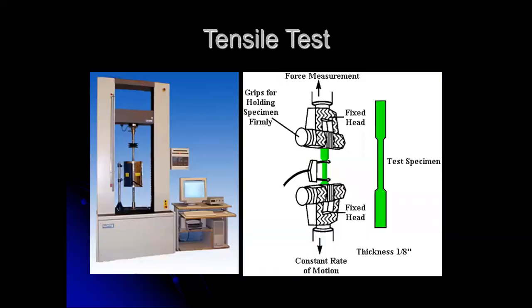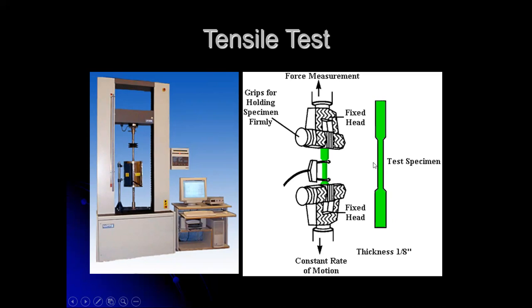So here's a picture of the setup. We've got on the left the load frame, and today, of course, we do everything by computer. We measure the stress and we measure the strain by computer. On the right is a little bit of a close-up of the test specimen and this little clip-on device right here that measures the elongation. We call this an extensometer. It measures the extension of the material.